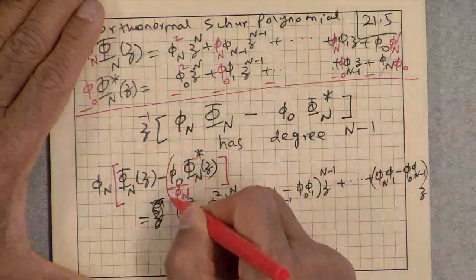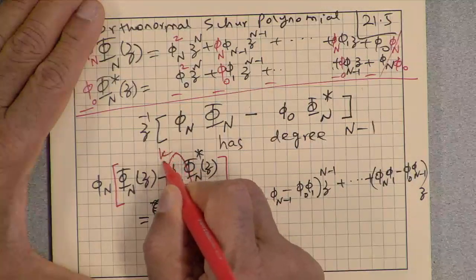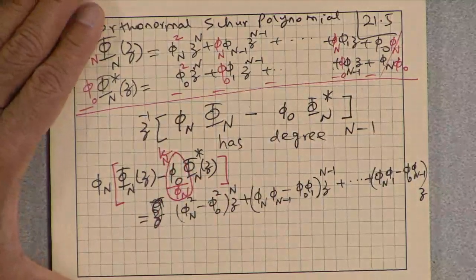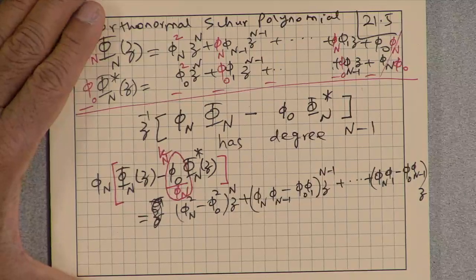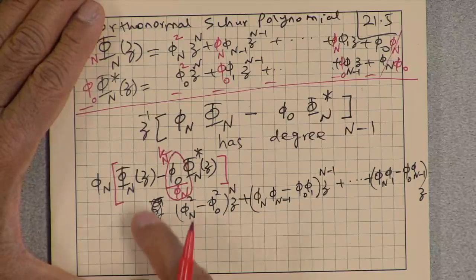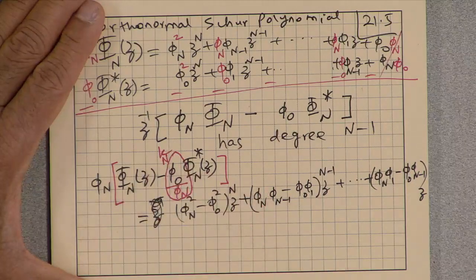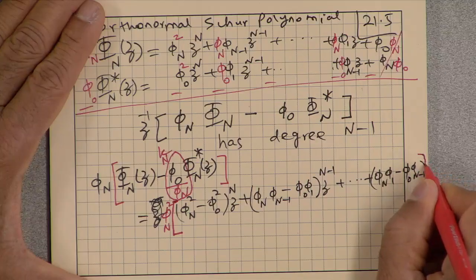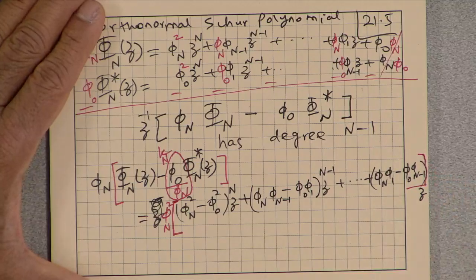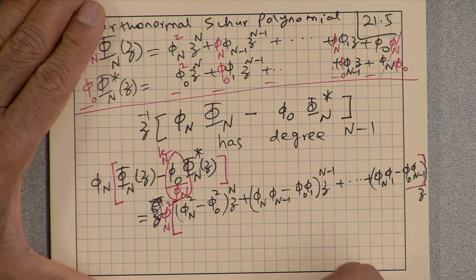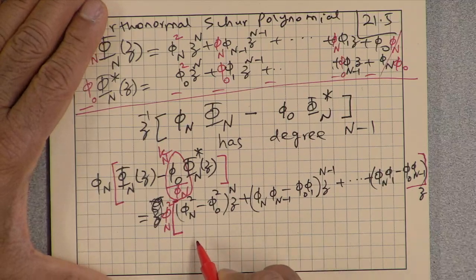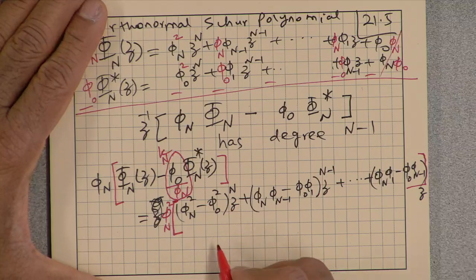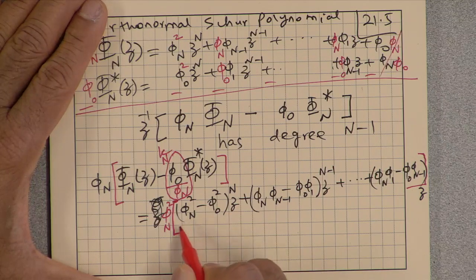So this quantity here is the Kn, the nth deflection coefficient. So if I take phi n outside, then this becomes phi n minus Kn phi n star. And on the right side, if I take phi n squared outside the bracket, let's see what we are left with. Then this will be divided by phi n squared.